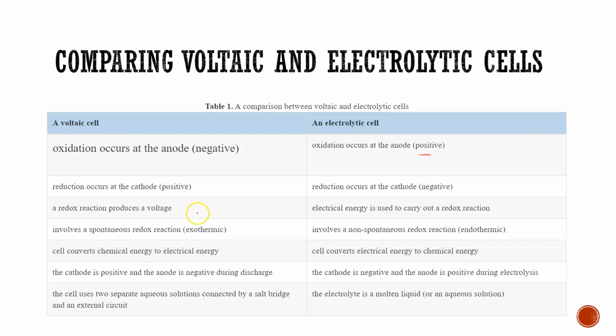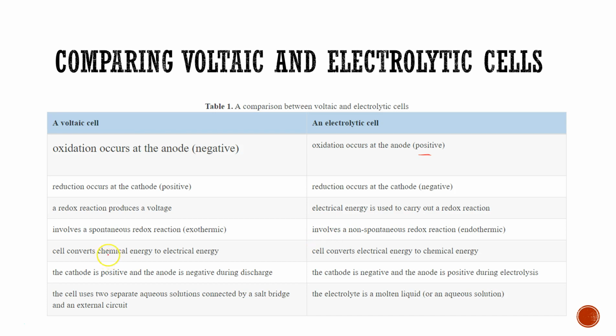Okay. In a voltaic cell, we are producing voltage. We are producing electricity from a spontaneous reaction. Whereas in an electrolytic cell, we are using energy to force a non-spontaneous reaction, an endothermic process, to occur.